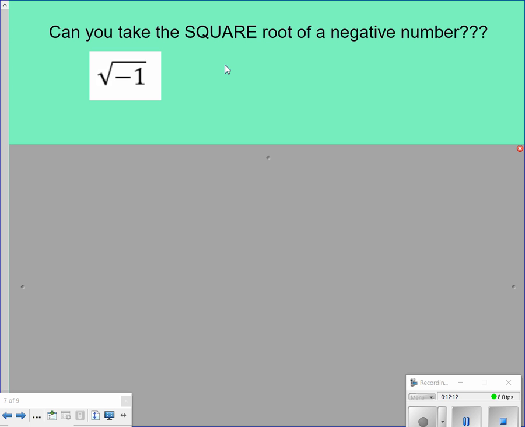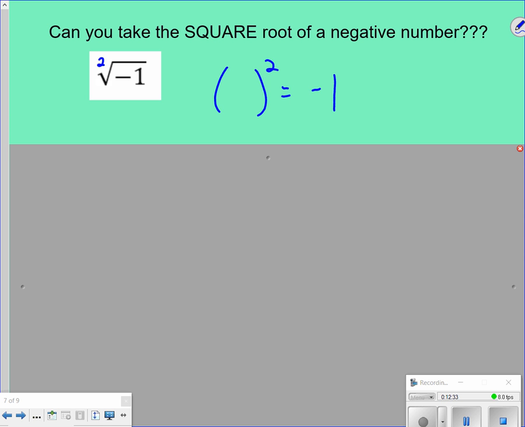Can you take the square root of a negative number? This is what we looked at before. Square root means like a little invisible 2 there. I'm just writing it in there because, well, that's what I like. And what you're asking there is, okay, what squared equals negative 1? That's what you're really asking yourself.